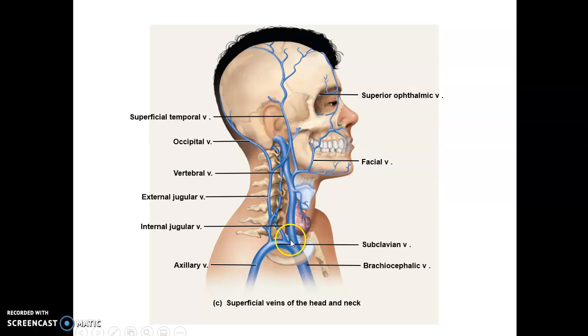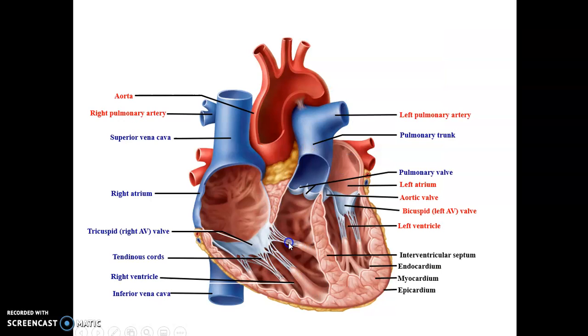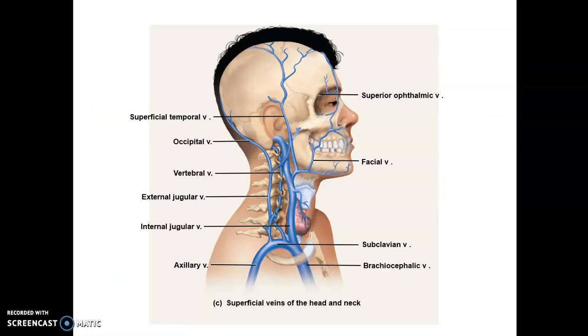These veins, the internal jugular vein runs into the subclavian vein. The subclavian vein is located next to the subclavian artery.